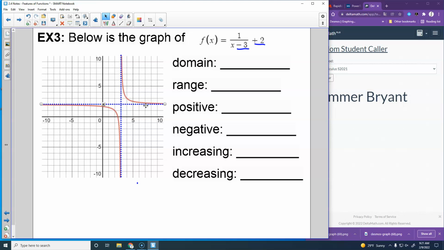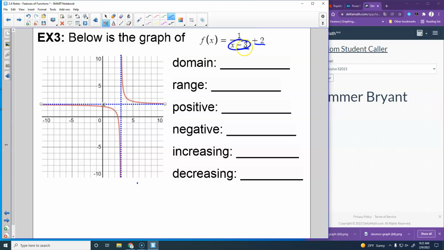For rationals, you're going to have basically just 1 point for your domain and range that you can't use. So the domain, I can do it from the graph. I can say I've got this vertical asymptote at 3. Or I can just look at the equation. So here's another one. I might give you domain for these without a graph.